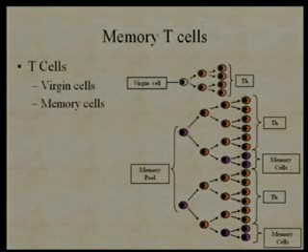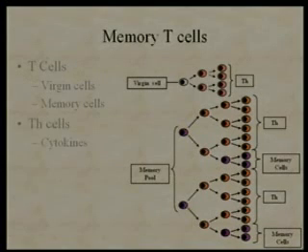So after secondary exposure, yes, you can get some virgin T cells activated, but the bulk of the response is coming from these memory T cells, which differentiate into T helper cells. And one of the things these T helper cells do is then they secrete cytokines that help the B cells differentiate, proliferate, and so on. So they also generate an expanded pool of memory cells.